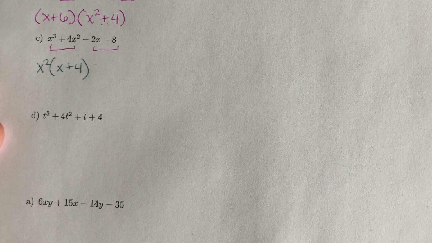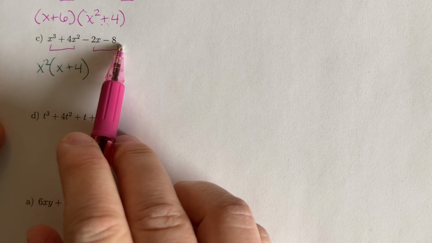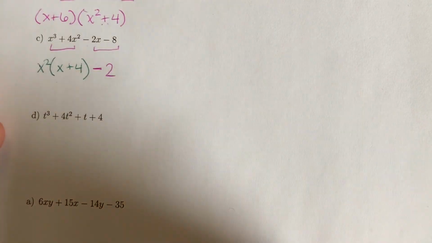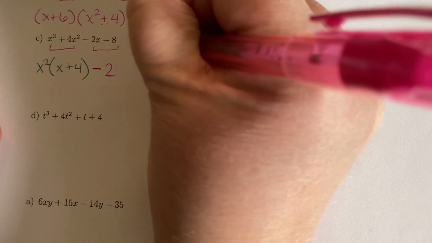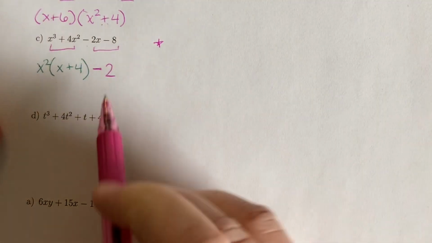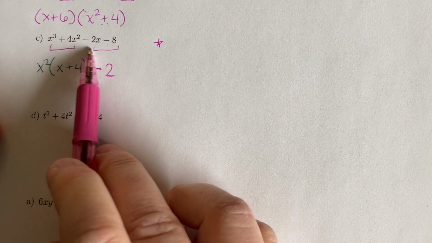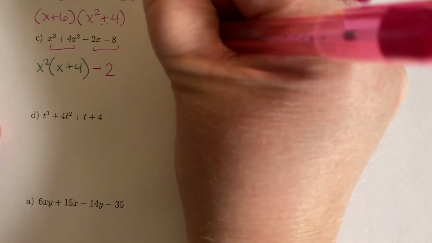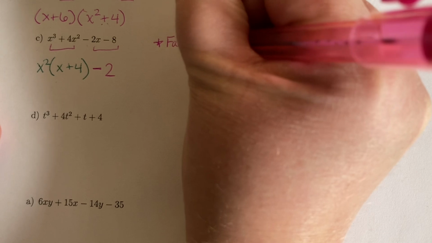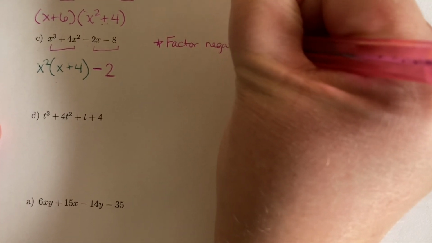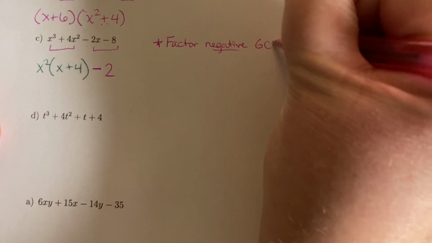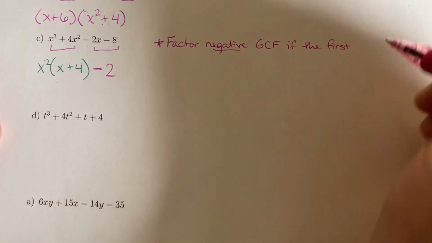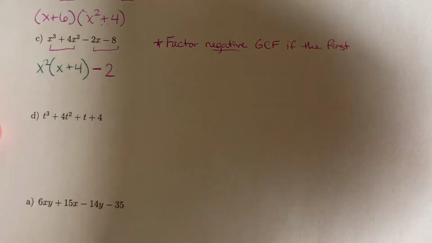Now this one is a little different because these are both negative. I'm going to make it a negative 2 that we're factoring out. Really it's just when the leading coefficient, meaning the first number, is negative, then we factor out a negative. So we're going to factor a negative GCF if the first number in the pair is negative.